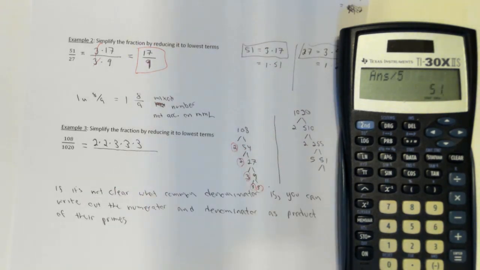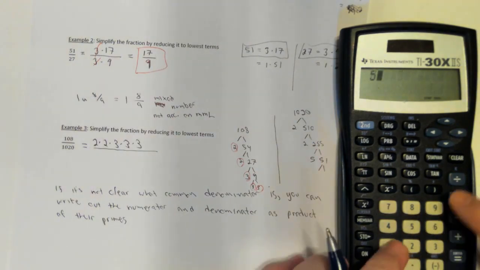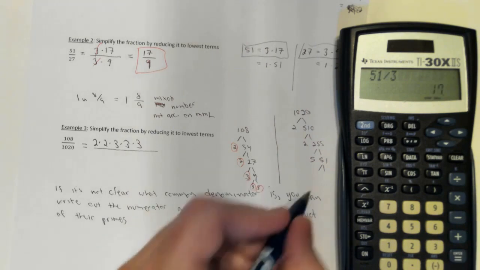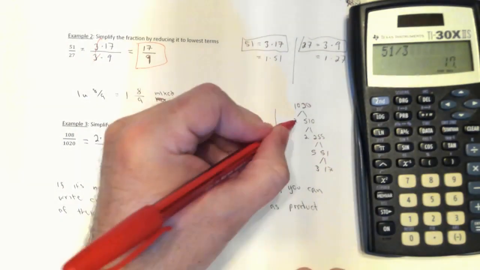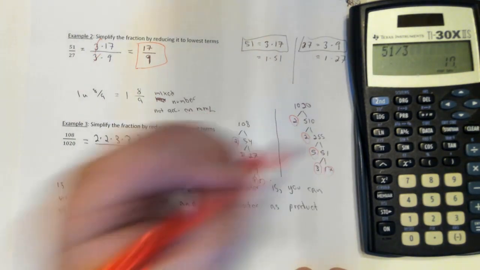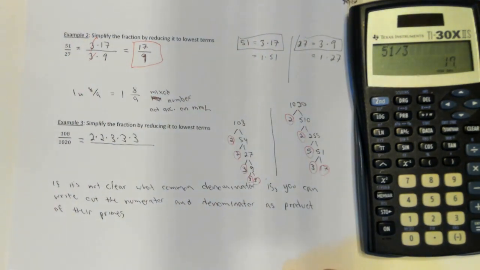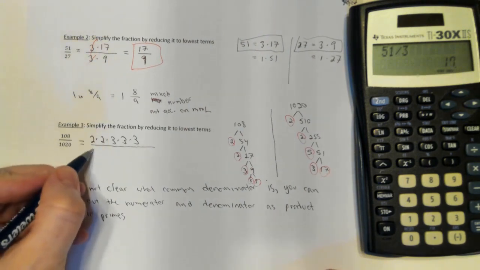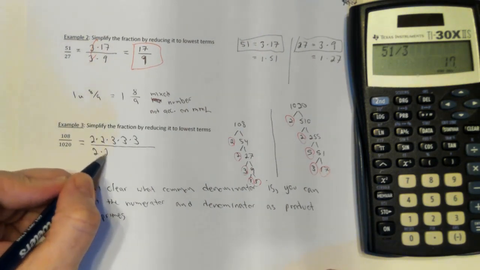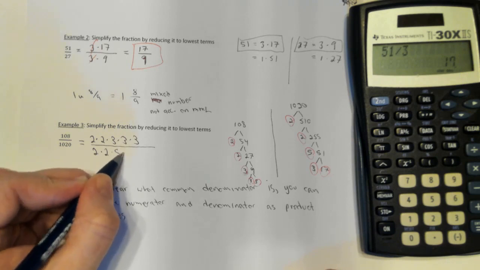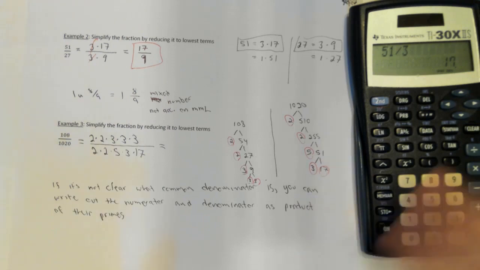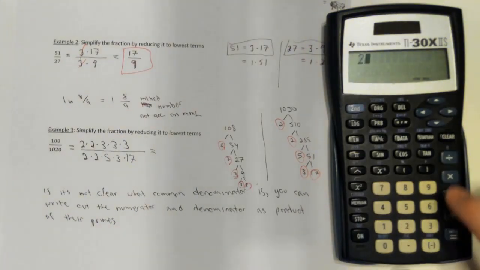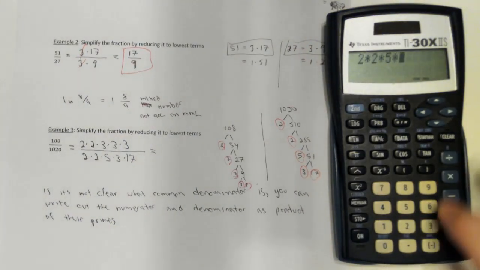And you should recognize 51 from earlier is 3 and 17. So 51 divided by 3, 17. So these are all the prime numbers that compose to make 1020. So I'll put those numbers down. 2 times 2 times 5 times 3 times 17. I may double check that.